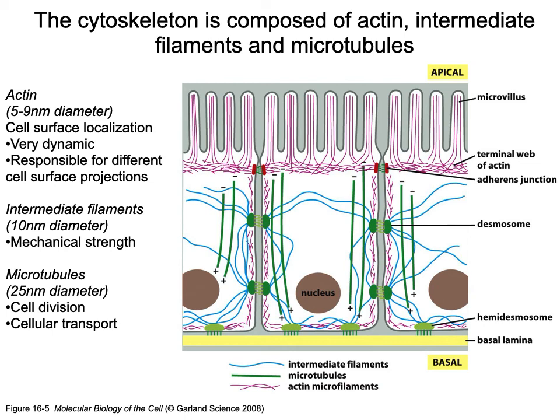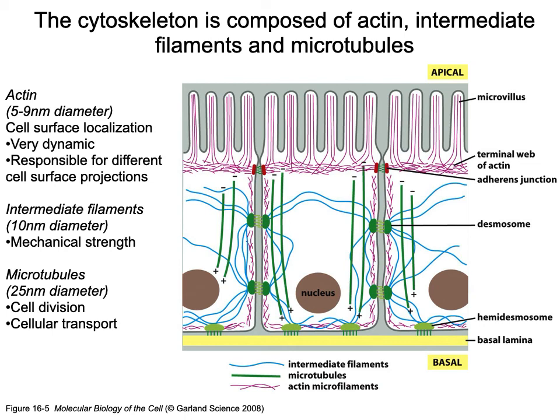So again, if this is in the intestinal tract, when you eat food, material is going to be moving through, and the cells have to be able to flex and stretch, allowing the lumen on the apical side to open up more. Intermediate filaments allow for that kind of flexibility, so that the cell can stretch without actually breaking apart or shearing.